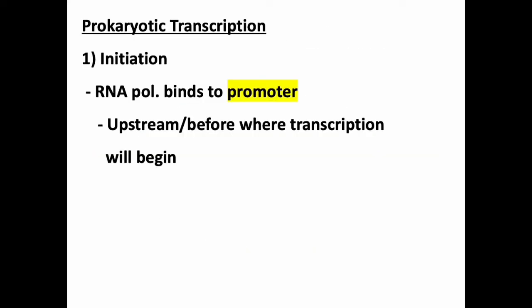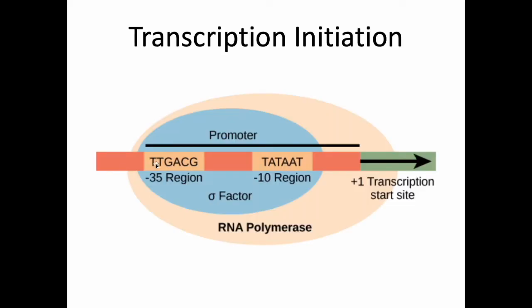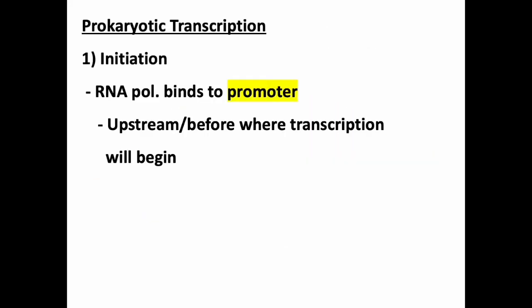So, important part of this. So yes, initiation. RNA polymerase binds to the promoter. Promoter is defined in the key terms as a region of DNA with a specific sequence. Again, not a very long definition, but it is a very specific sequence. Importantly, the promoter is upstream, or right before where transcription will begin.